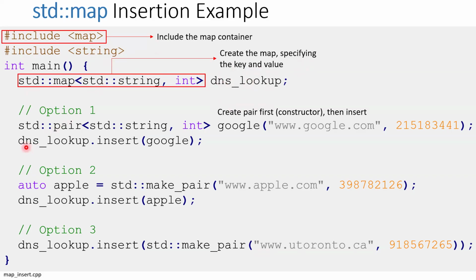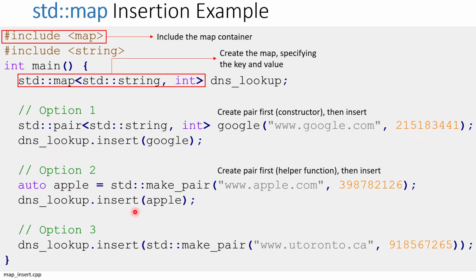The first option is to manually create a pair of string and integer, using the pair's constructor to make the pair of google.com and its corresponding IP address, and insert that into the DNS lookup.